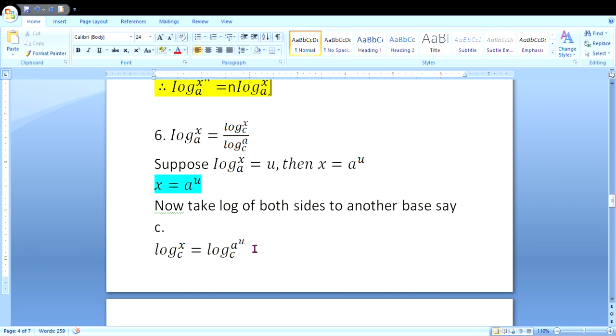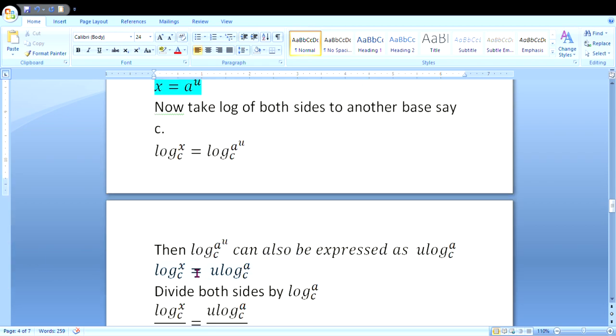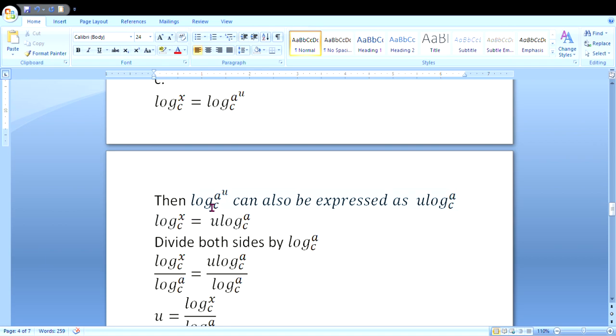Then u here becomes a multiplier, and log a raised to the power u to base c can be expressed as u log a to base c. So we have log x to base c is equal to u log a to base c. Then we are looking for u.